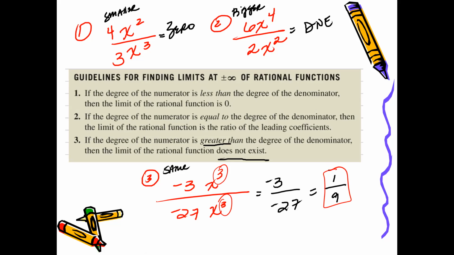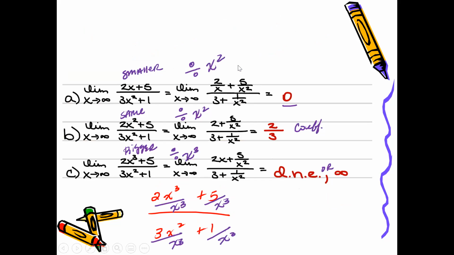Now, the second one is that if the numerator's power is bigger than the denominator's, like 4 over 2, then the horizontal asymptote does not exist. On the other hand, if the numerator's power is smaller than the denominator's, then the horizontal asymptote is going to be y equals 0. So those are the 3 different rules that we use with this.